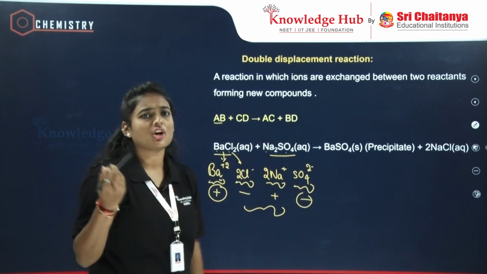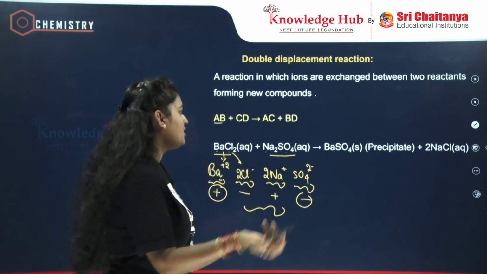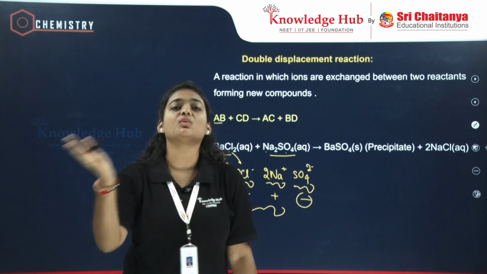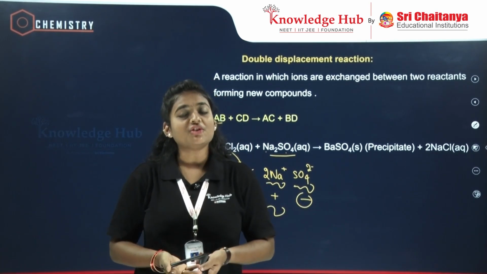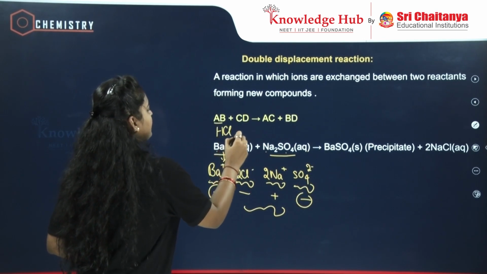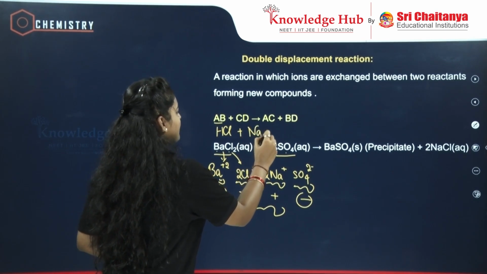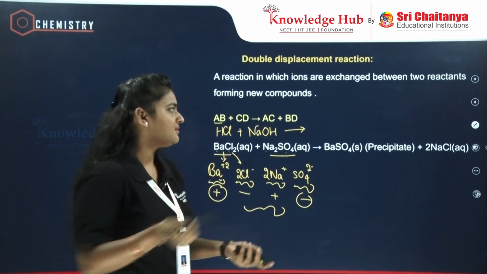One more reaction: your simple neutralization reactions also come under double displacement reactions. What is a neutralization reaction? The reaction of an acid with a base to form salt and water is called a neutralization reaction. Let me take an acid, HCl, and a base, the famous, most used base, sodium hydroxide. Do the same thing.